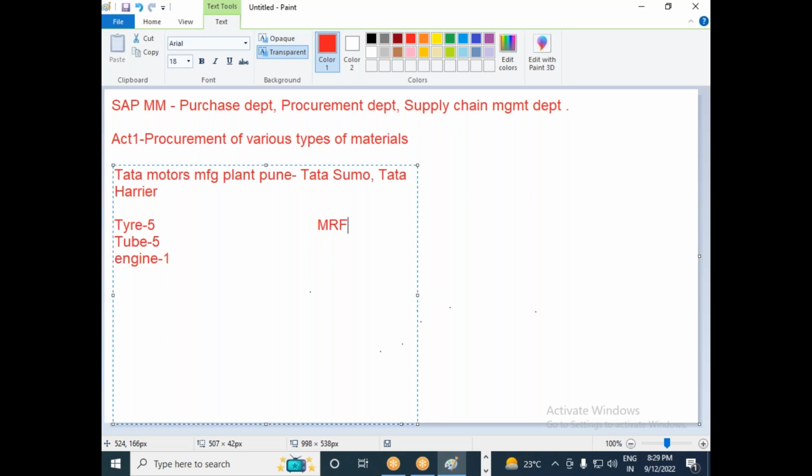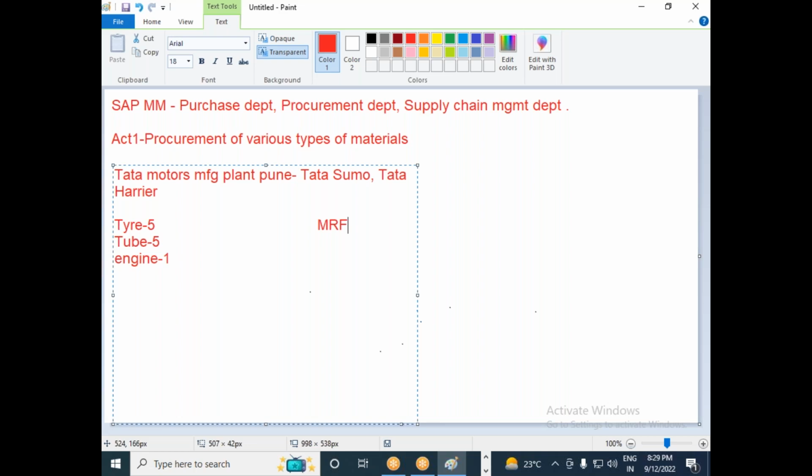So this particular activity is simply a procurement activity. When it comes to an organization, you are buying so many materials, not only rice. You will buy thousands of different materials from different vendors. So this activity of purchasing the materials from the external suppliers will be called a procurement activity.